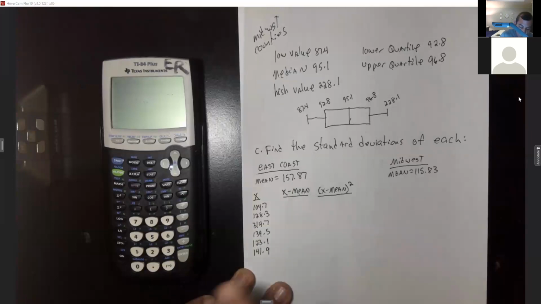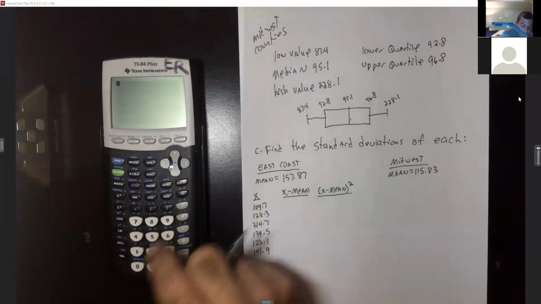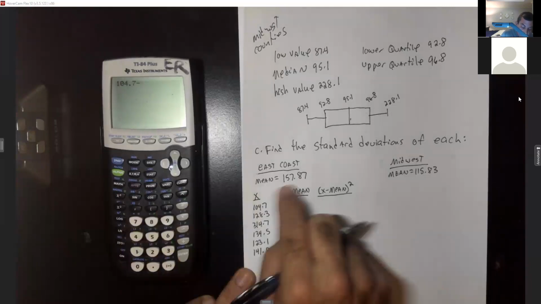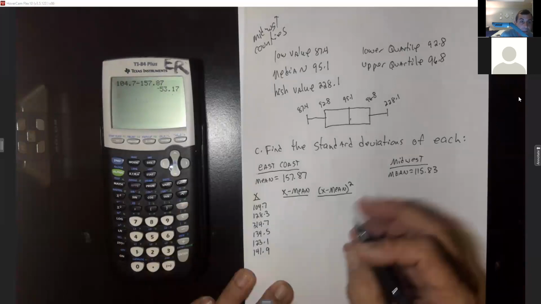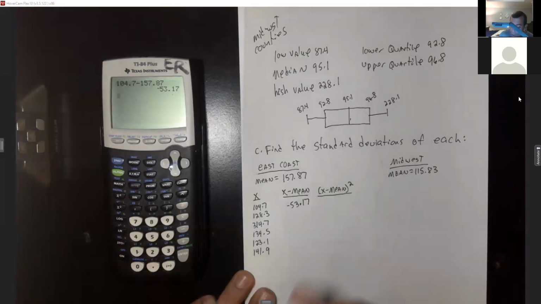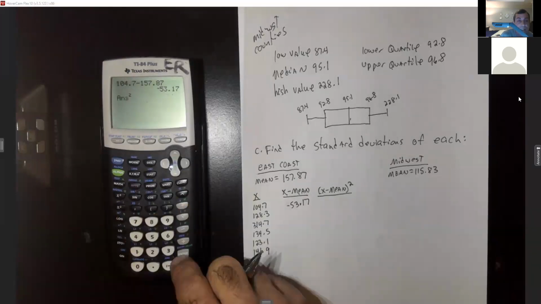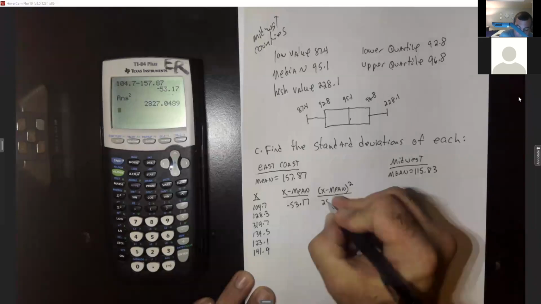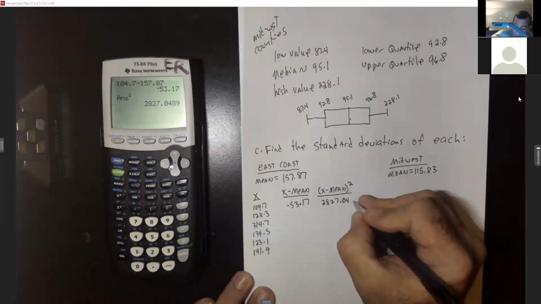104.7 minus the mean, which is 157.87, is going to give us a negative 53.17. If you want to square that real quick, hit the x squared button on the calculator, and it'll automatically square that answer into 2827.0489.